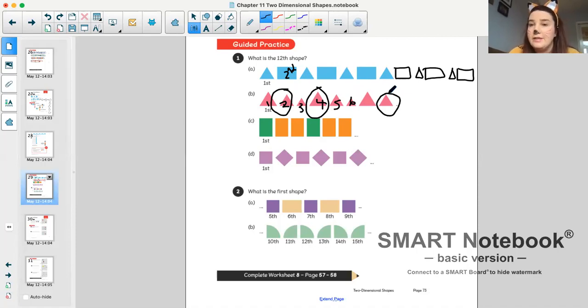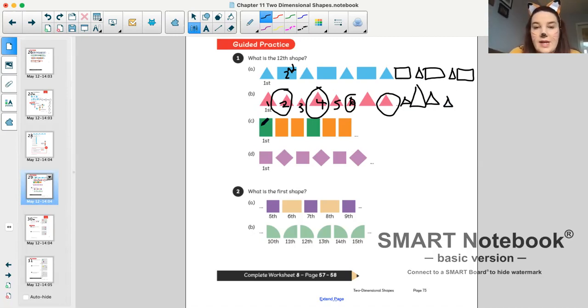So we can't actually use that method. So instead, I'd just work it out. So we've got up to 8 here, haven't we? Okay, 8, and then 9 is tiny. 10, 11, and then 12.